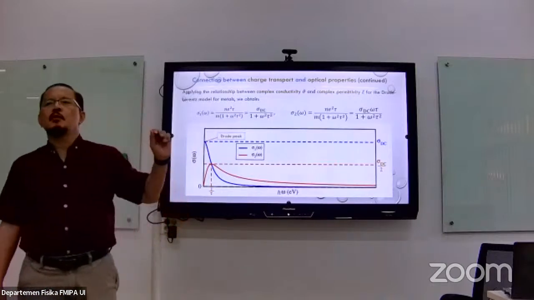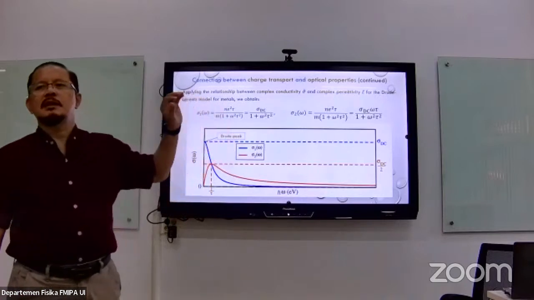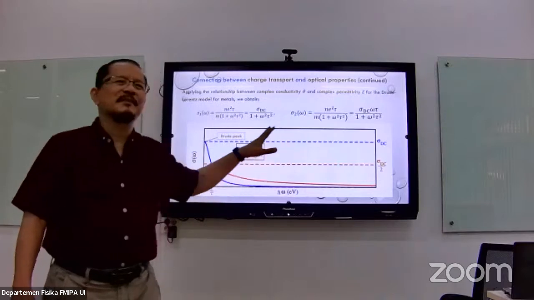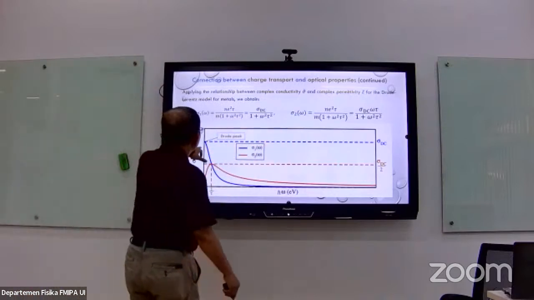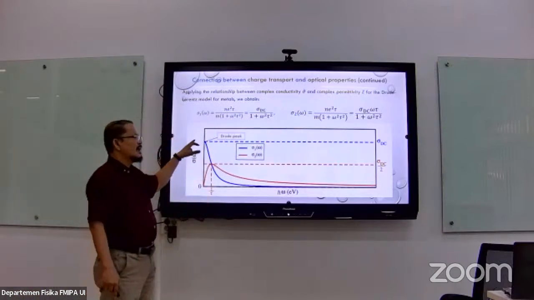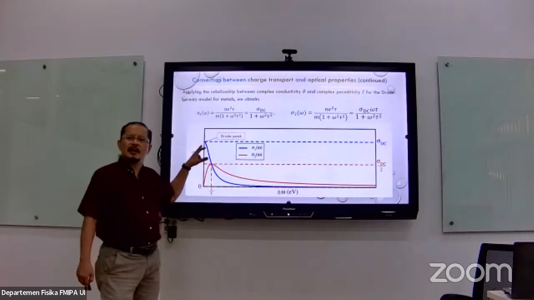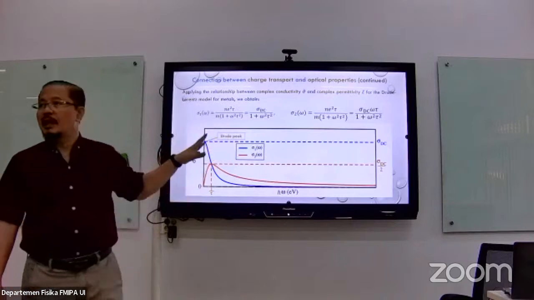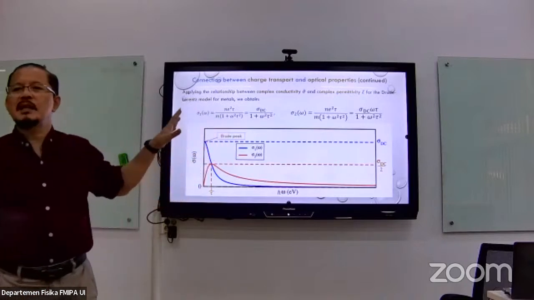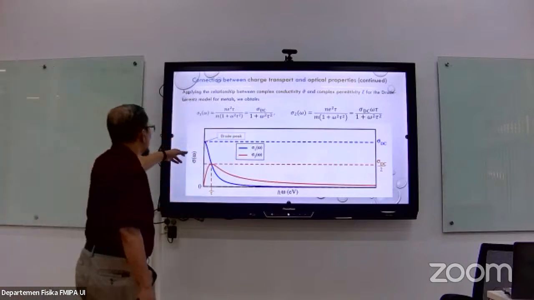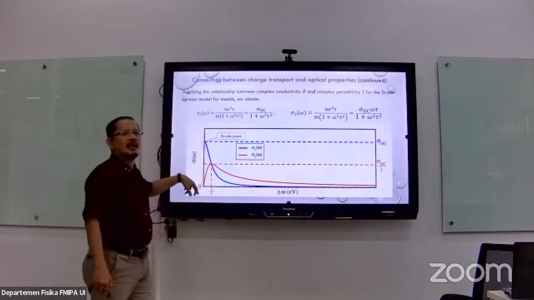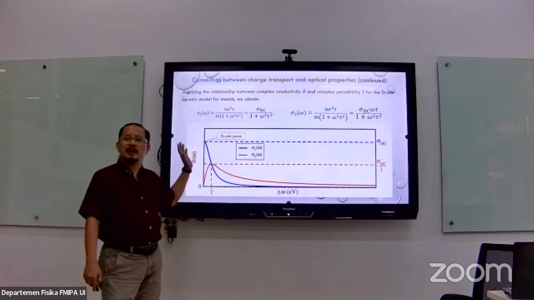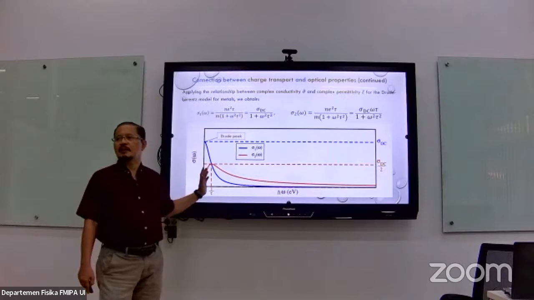Drude is the person who derived the theory. The Drude peak means this characteristic is only there if the system is metallic. If the system is not metallic, there won't be any such peak. So this peak signifies that the system is metallic, or a conductor.